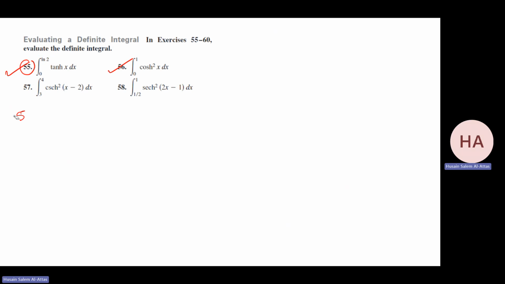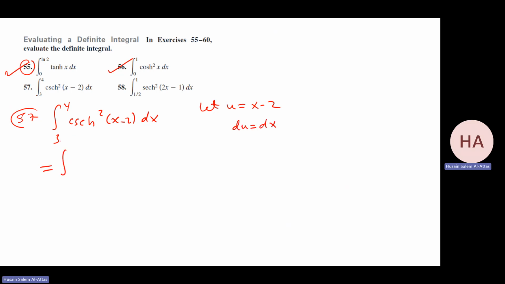So let me go back to 57. Integral from 3 to 4 of secant hyperbolic x minus 2 dx. What I will do, I will let u be x minus 2, du equal dx. Now do the integration. 3 minus 2 will be 1, and 4 minus 2 will be 2.